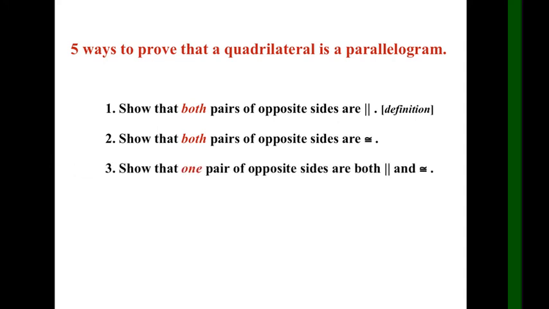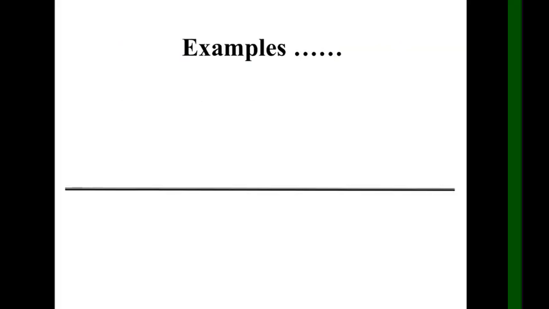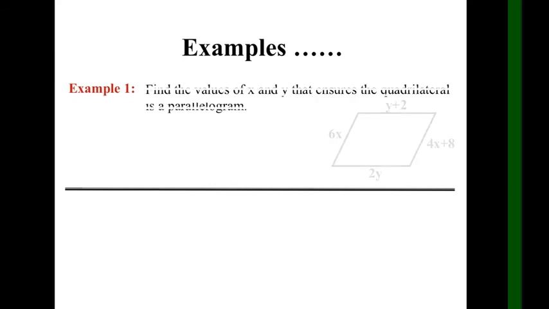Third, show that one pair of opposite sides are both parallel and congruent. Dapat nagmamatch sila. Then, show that both pairs of opposite angles are congruent. And finally, show that the diagonals bisect each other. Kapag yang limang yan napatunayan mo in a given figure, then it is proven na yung given figure is a parallelogram.